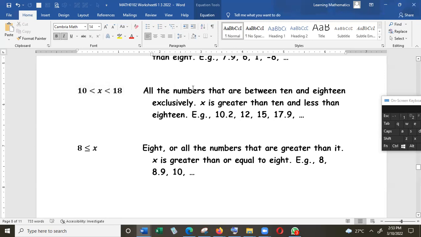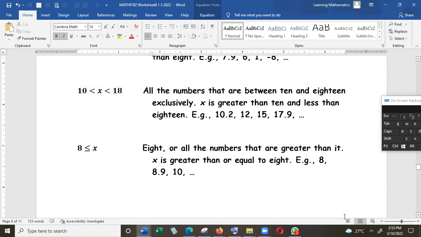So you see all the numbers that are between 10 and 18 exclusively. X is greater than 10, because when you start with X and you go in that direction, you see the greater than part. X is greater than 10, and X is less than 18. Okay, X is greater than 10, X is less than 18.